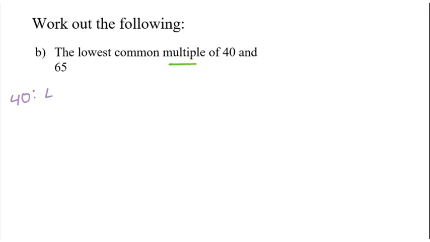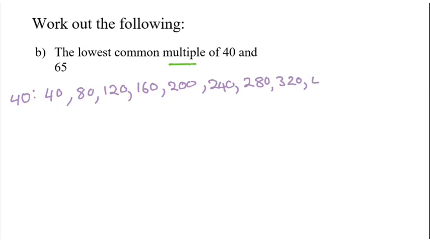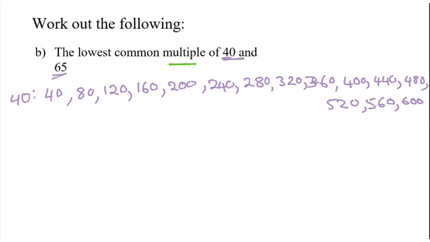So 1 times 40 is 40, 2 times 40 is 80, 120, 160, 200, 240, 280, 320, 360, 400, 440, 480, 520, 560, 600, and that would continue on. The reason I'm going up so high is because 40 and 65, that's a lot to make up multiples thereof.